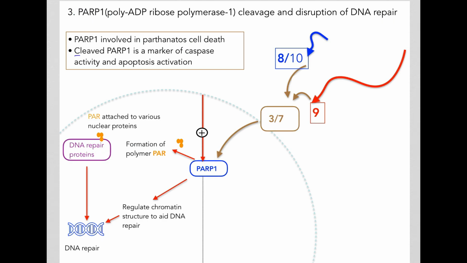In fact, cleaved PARP1 is also used by researchers to see whether the cell is undergoing apoptosis and whether there is caspase activity going on. So by detecting cleaved PARP1, that tells us the caspase is active and the cell is undergoing apoptosis.